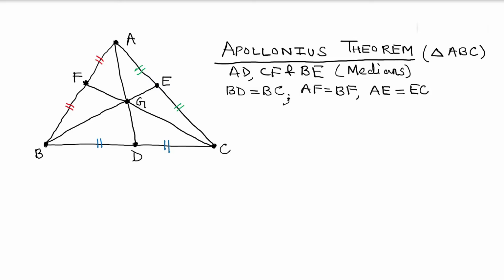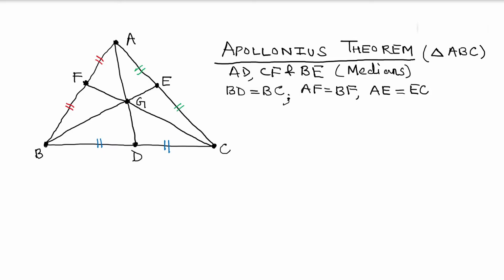Now why I have used 3 different colors here is to signify that nowhere have we said that all 3 sides of a triangle are equal. So despite the fact that I'm using an equal to sign to represent that the line segments are equal, I'm using a different color just to symbolize that none of the three sides are equal to each other. Please make a note of that.